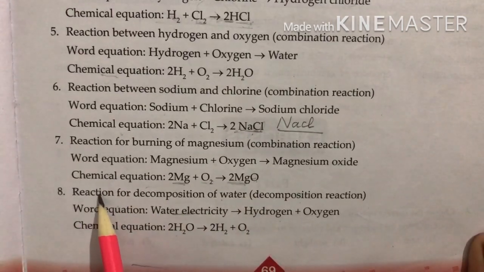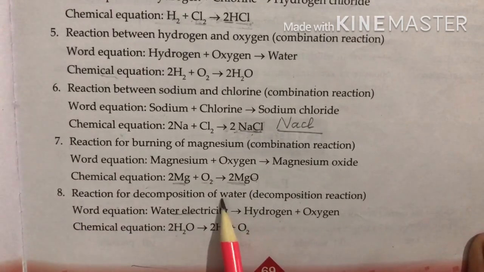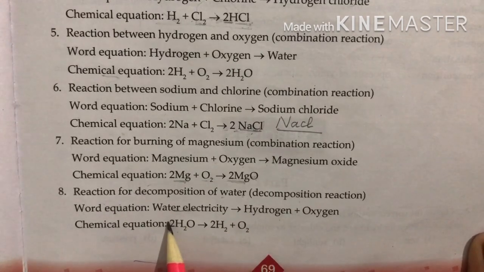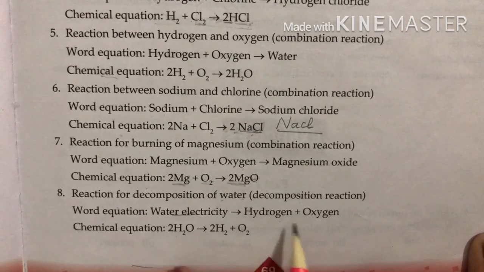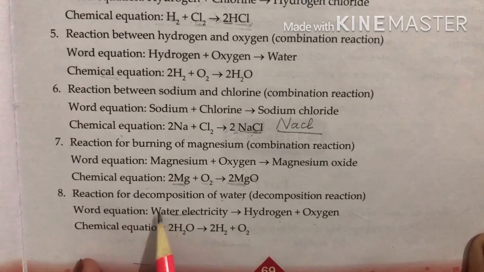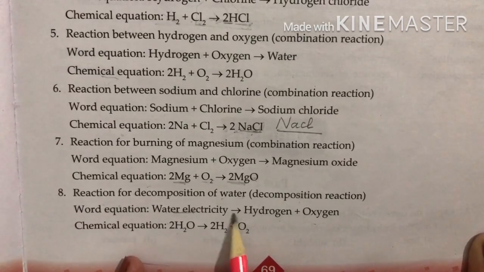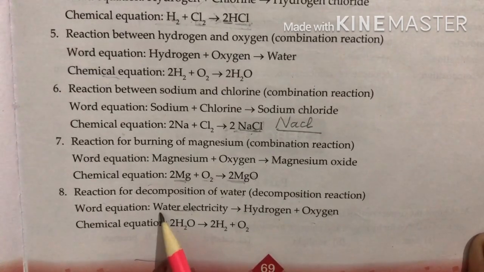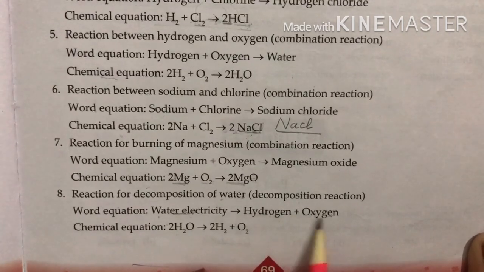Next is the reaction for the decomposition of water. This is a decomposition reaction, meaning we break the reactant and it gives simpler products. Here water is broken and gives hydrogen and oxygen, because water is made up of hydrogen and oxygen. So it breaks into these simpler units.